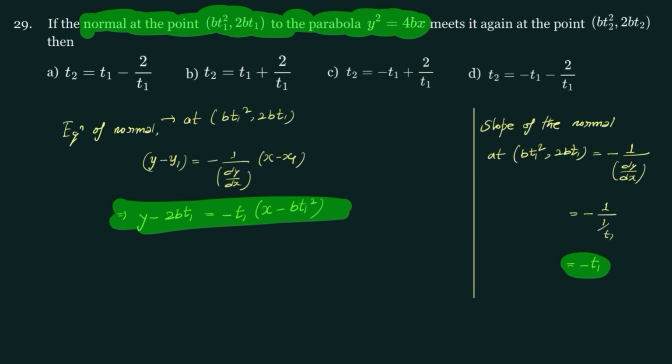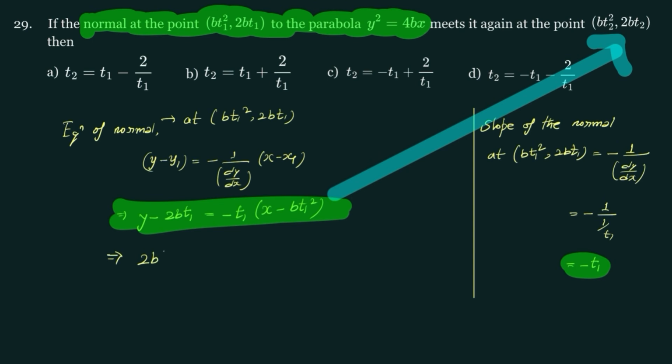Now according to the question, let us read the question. This normal will again pass through the point bt2 square comma 2bt2. So hence, in place of y I can write 2bt2 minus 2bt1 equals minus t1.